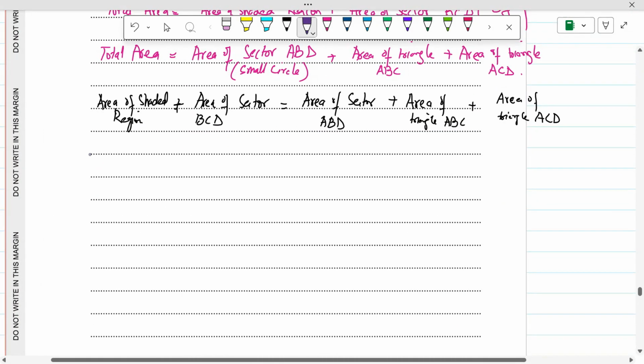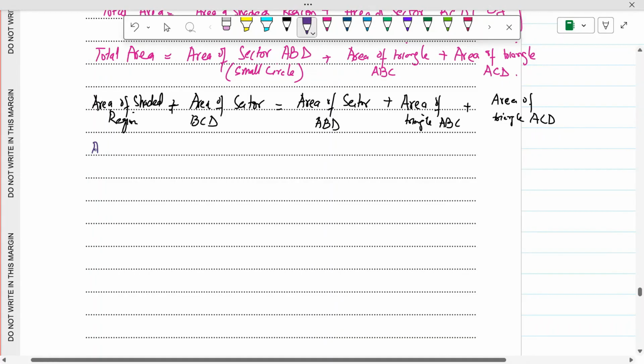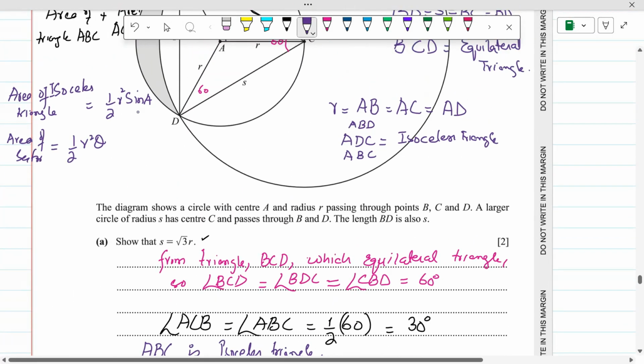We need to find the area of the shaded region. So area of shaded region plus area of the sector BCD.